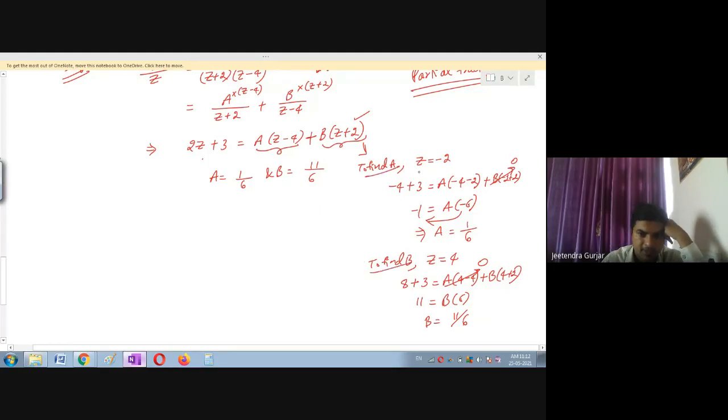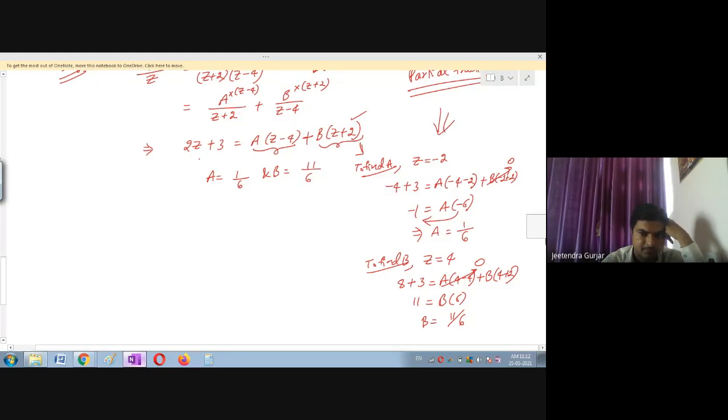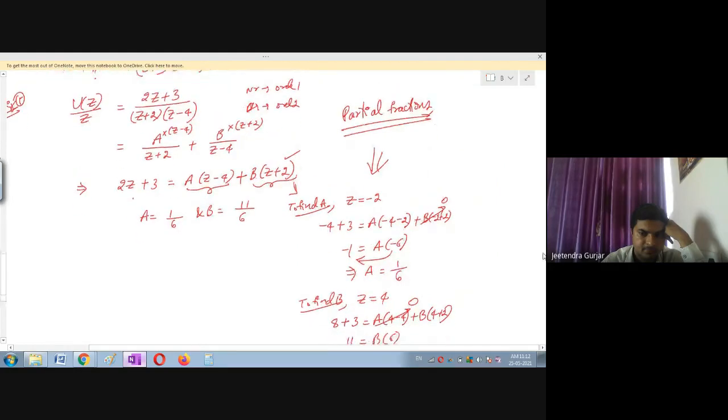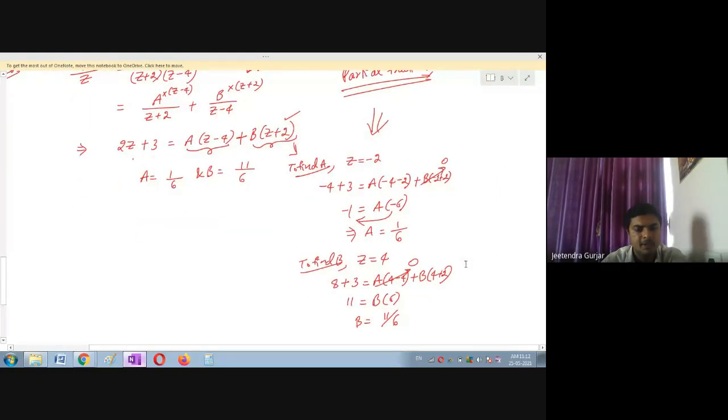How to find A and B using partial fraction? Yes, any doubt in this? Please tell me. Partial fraction you know already. Okay.